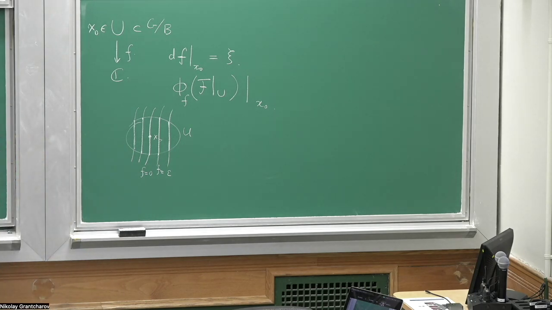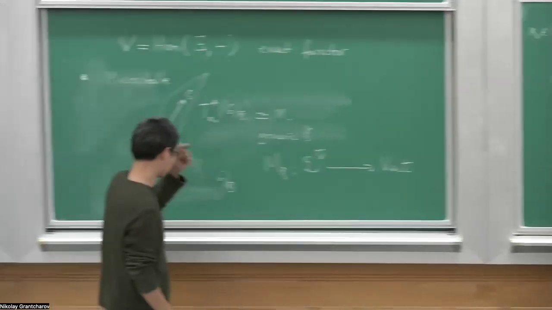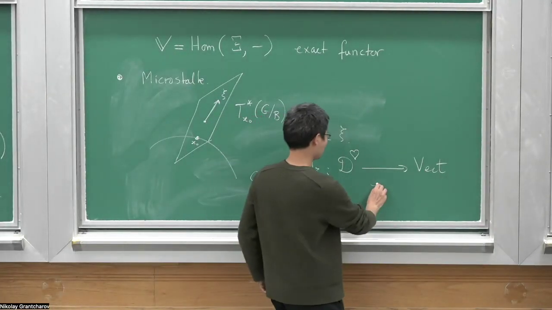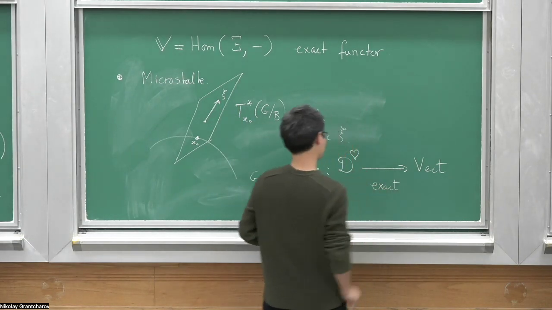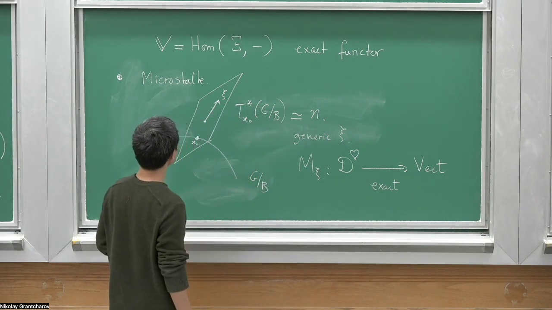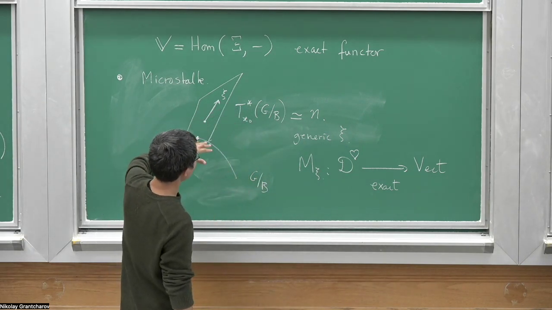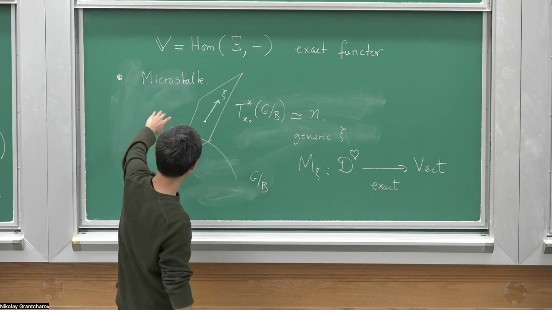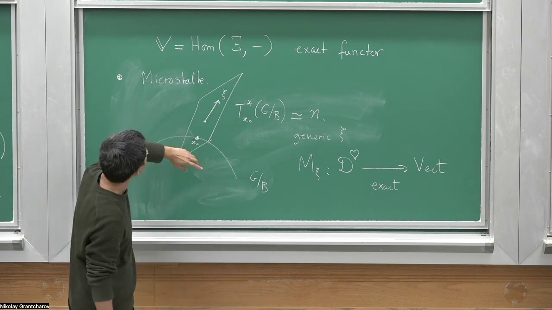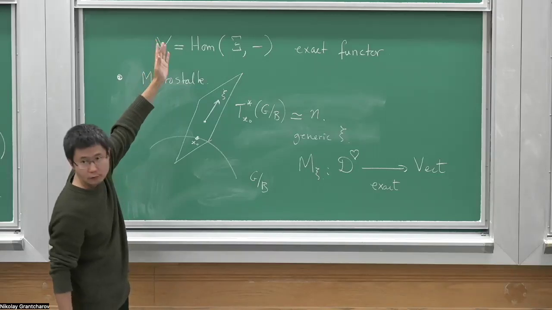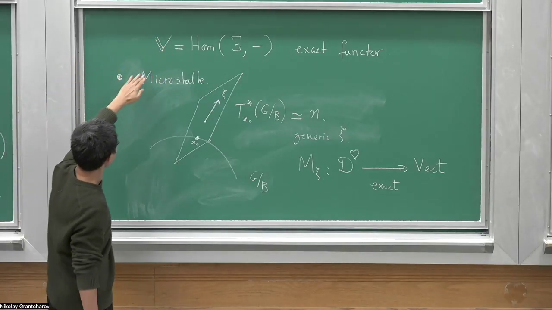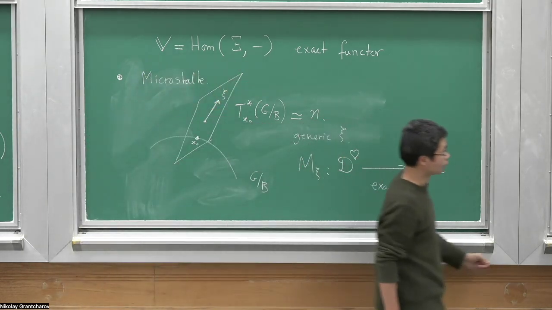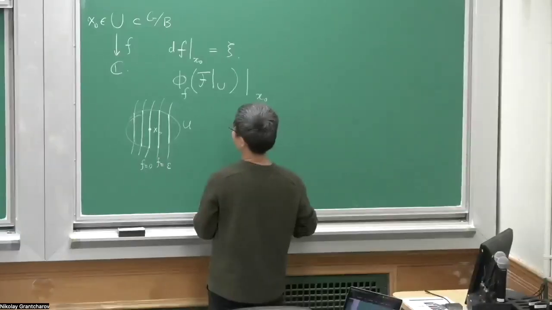It's a general fact about perverse sheaves that this measurement gives you an exact functor, as long as this thing is generic. So here it turns out this microstalk gives you an isomorphic functor to the one we defined by coming from the co-representing object.